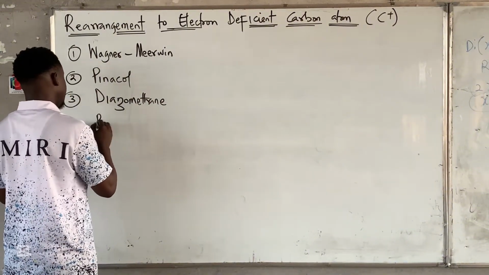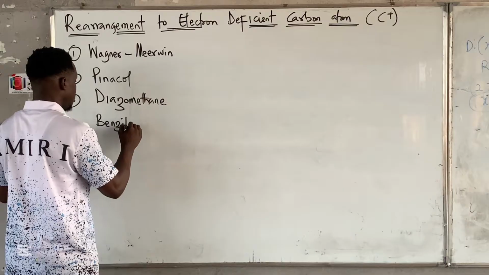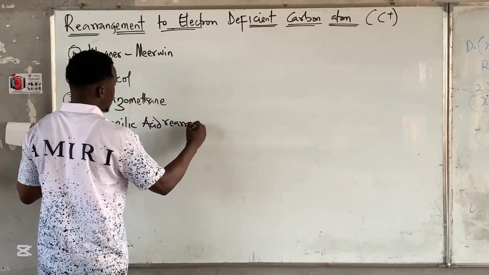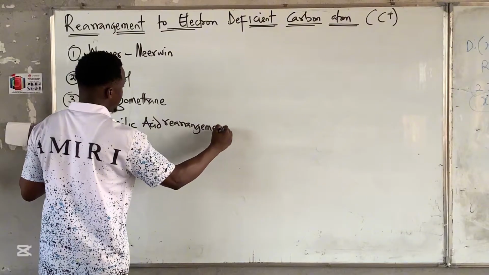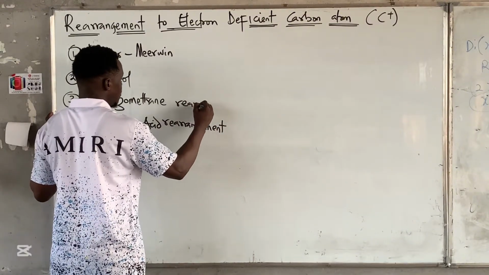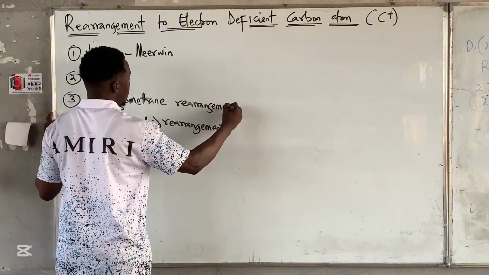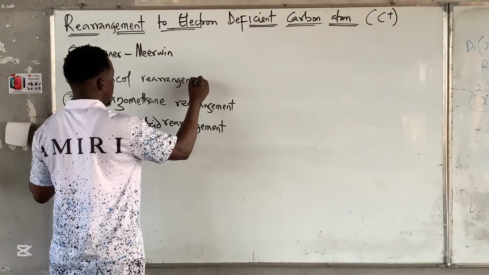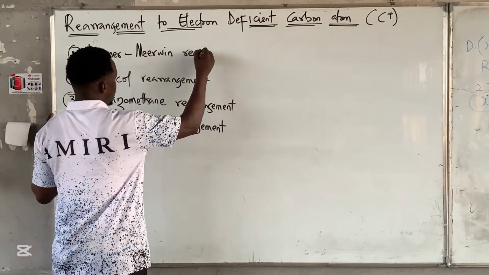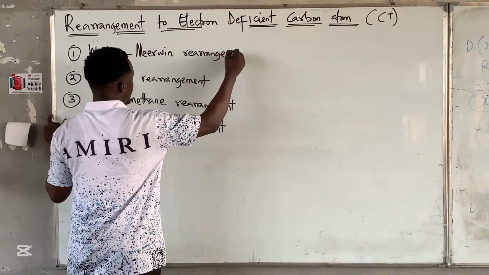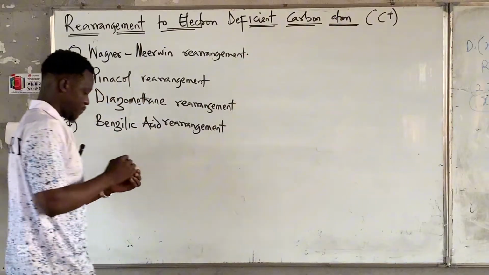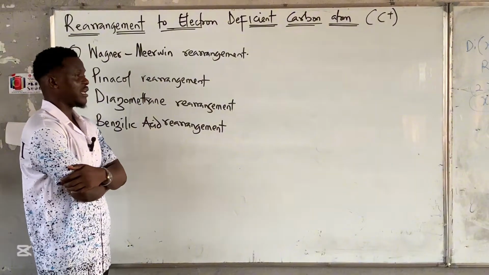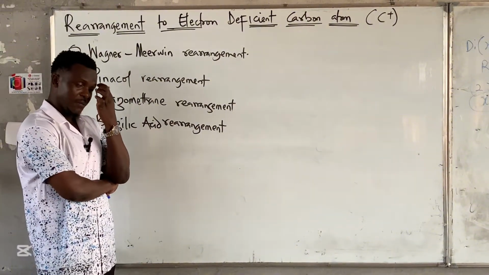And the fourth one we have the benzilic acid rearrangement. All right. So these are the four rearrangements that are placed under electron deficient carbon atom.